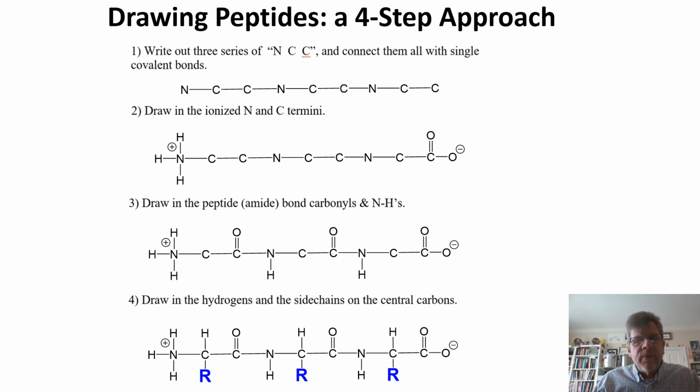Now what we've done is to draw a hydrogen, and I've drawn it as an R group, but it could be anything. If it was alanine, it would be a CH3. If it was glycine, it would be a hydrogen. And we could look back at any of these amino acids and look at their side chains. I've drawn them as these big blue R groups right here. But here now, on all of these cases, we have filled in a hydrogen and that R group.